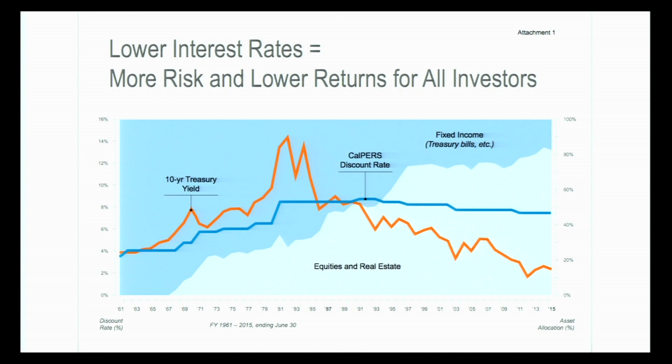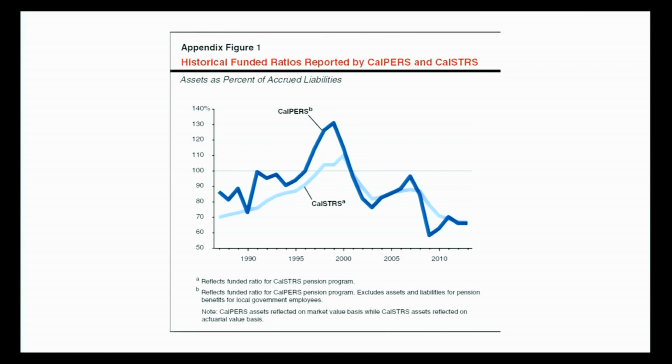As the interest rates started to go down, employers didn't want to have to contribute more. Similarly, if you think about the dot-com bubble in 2000, what happened? Around that time, the plans were, on an actuarial basis, highly overfunded. So there was pressure from the employers to say, the plans are overfunded, we don't need to contribute anything.